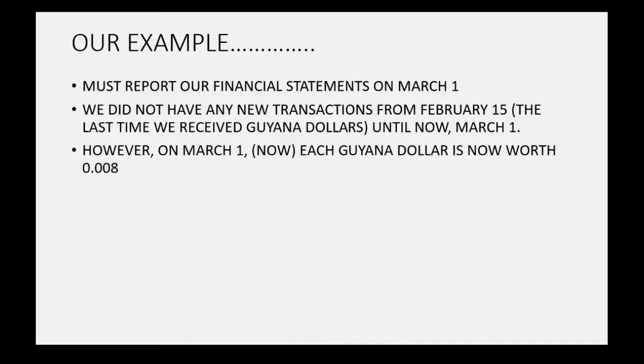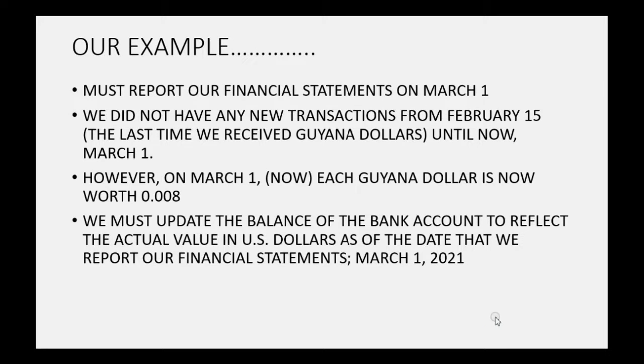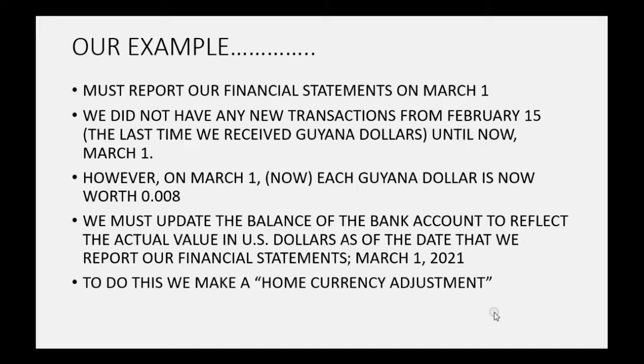However, on March 1, right now, each Guyana dollar is now worth 0.008. We must update the balance of the bank account to reflect the actual value in US dollars as of the date that we report our financial statements, and to do this, we make a home currency adjustment.